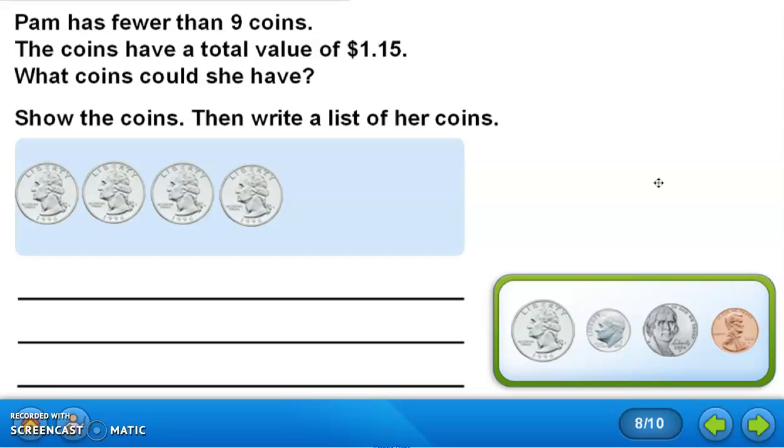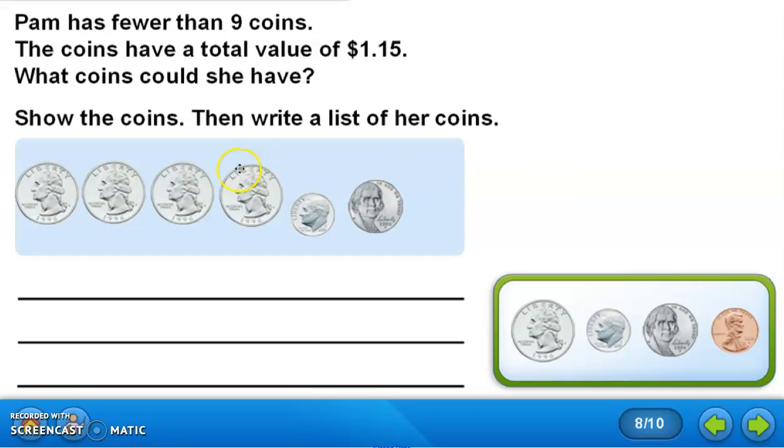So she has $1. And then to get that 15 cents, she could do a dime, because that would be $1.10. And then when we add a nickel, that would be $1.15. So she has less than 9: 1, 2, 3, 4, 5, 6. She has 6 coins, and they add up to be $1.15.